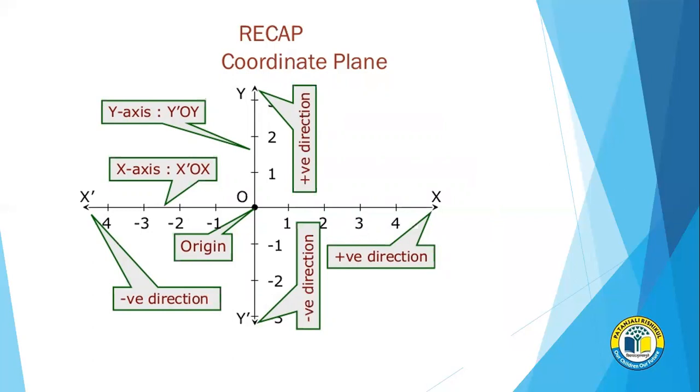Now, the vertical line is your y-axis, where the positive direction is referred to as Y, and the negative one as Y dash. So basically, this coordinate plane is divided into 4 different parts, that are called quadrants. So we refer to the x-axis as X dash OX and the y-axis as Y dash OY.